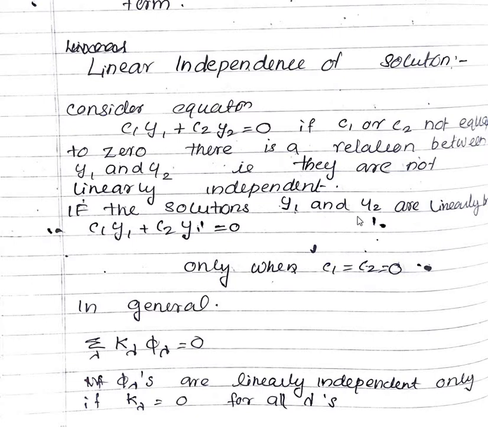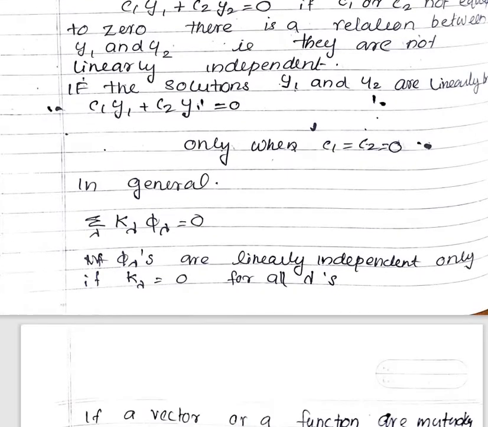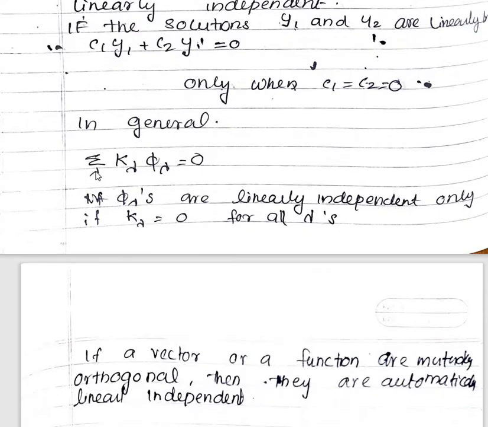If the solutions y1 and y2 are linearly independent, then c1y1 plus c2y2 is equal to 0 only when c1 is equal to c2 is equal to 0. Or in general, we can write the sum over lambda of k lambda phi lambda is equal to 0, where the phi lambdas are linearly independent only if all k lambdas are equal to 0.